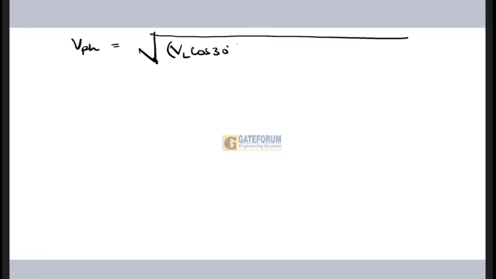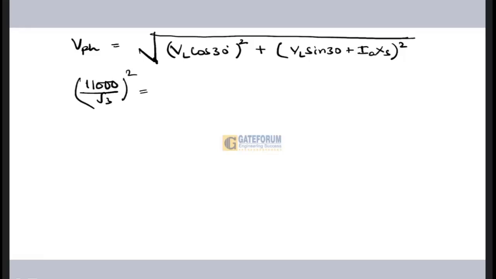IA into RA is 0 because the armature resistance they have neglected. XS is given, that is why I have taken it, and V phase is 11,000 by root 3. So if I square it, the under root part will go. So VL is what you have to find.